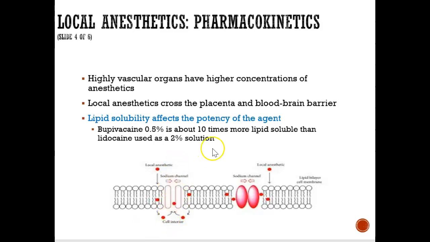It's a lot stronger, and it will block the sodium from going in, and you won't feel any pain. The downside is that because it's so much more lipid soluble, it's more potent. And sometimes a more potent, stronger local anesthetic can be bad for you. It can be more toxic. So usually the safe one is lidocaine, and we'll talk more about that later on.